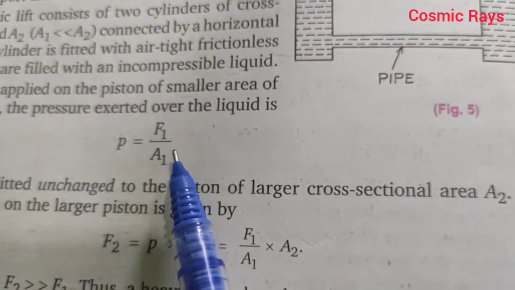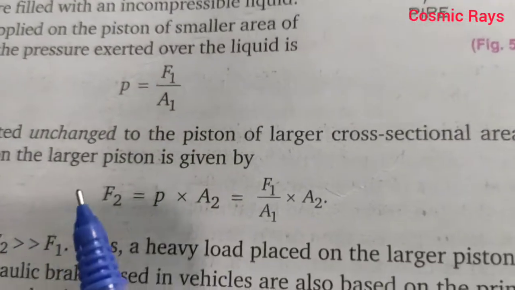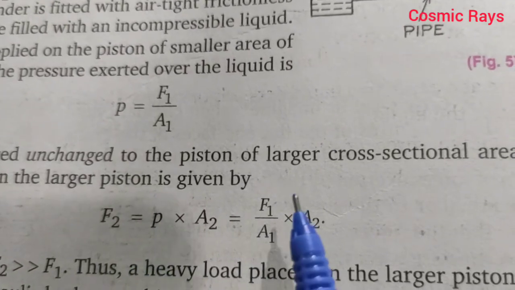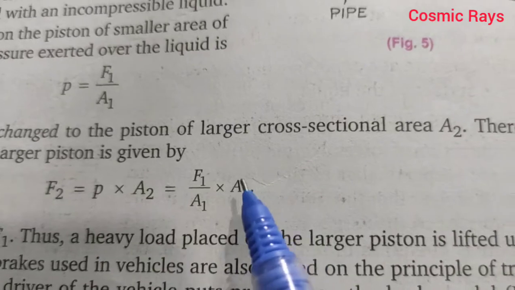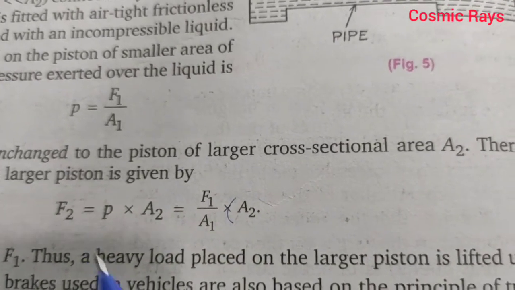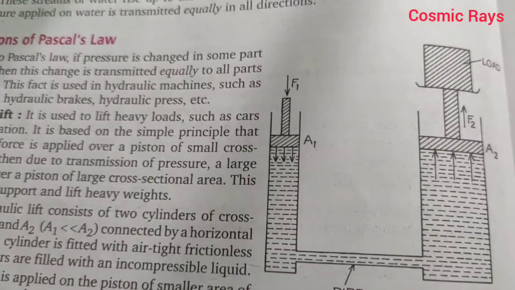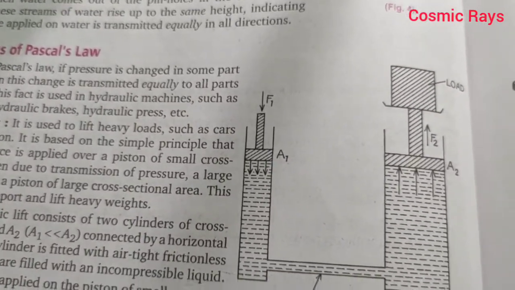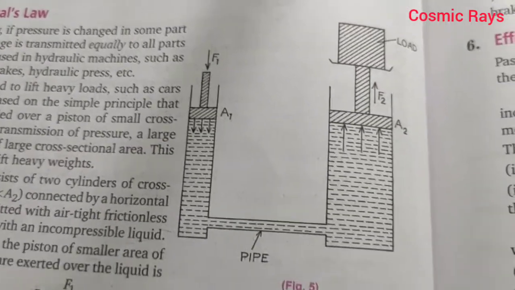So from the first equation we know that pressure is nothing but F1 upon A1. So we find that F2 is equal to F1 upon A1 multiplied by A2. So here, as we know that A2 is greater than A1, so automatically F2 becomes greater than F1. So these are the applications of Pascal's law, that is hydraulic lift and hydraulic brakes.